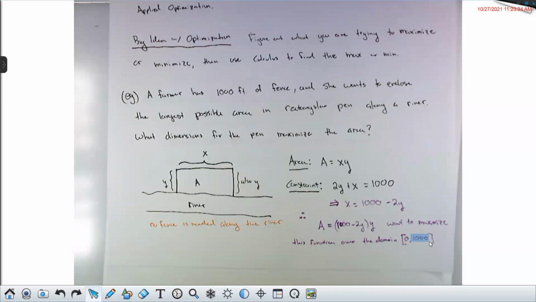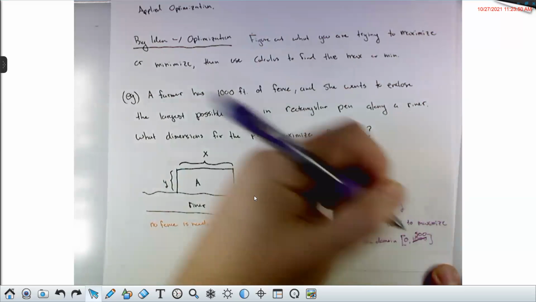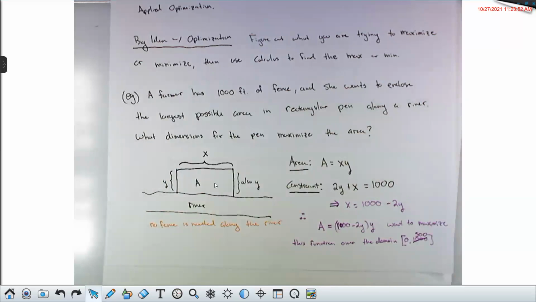Are we not allowed to include 0? No, 0 is not the problem. It's 1000 here. Remember, I'm using y twice. Y is here, and it is also here. So really, I'm trying to maximize this out to 500, right? Y couldn't be 1000. If I used y equals 1000, that would require 2000 feet of fence, 1000 feet here and 1000 feet here.